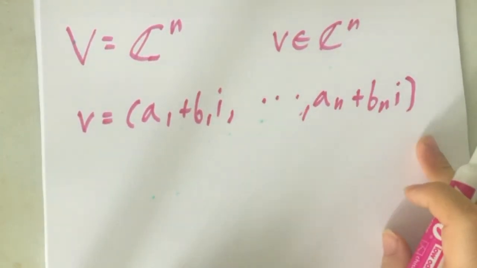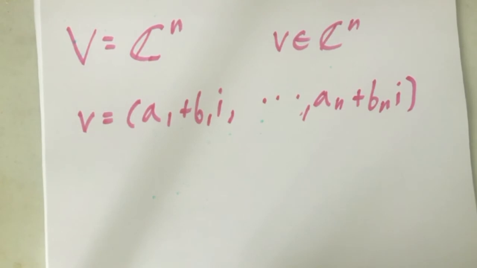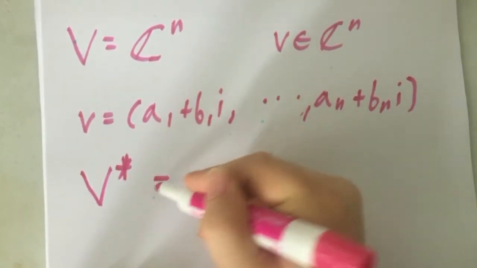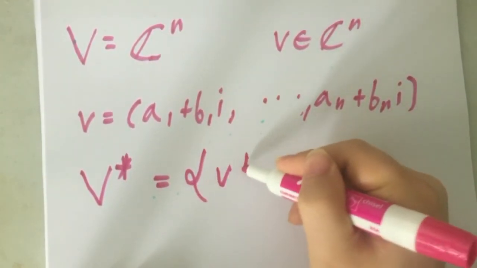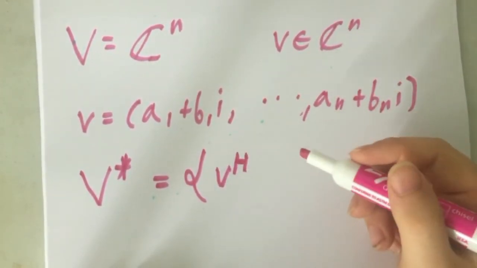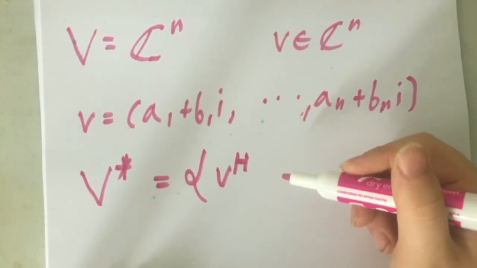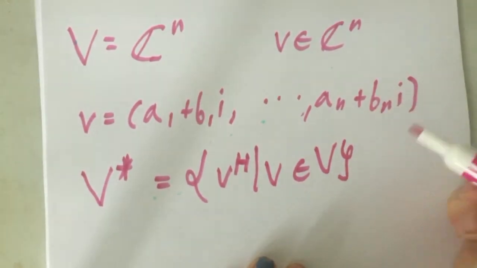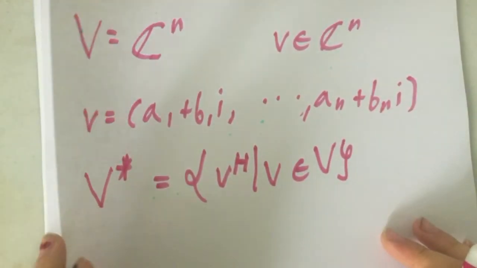This is n complex numbers. Over here, we could define V star to be the set of Hermitian vectors for V. This is quite similar to the dot product, but you just conjugate.